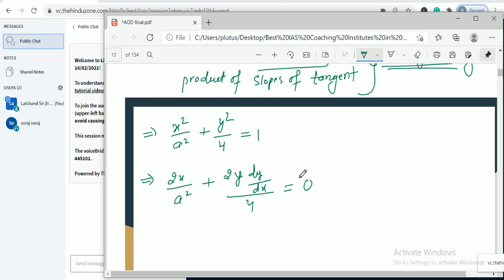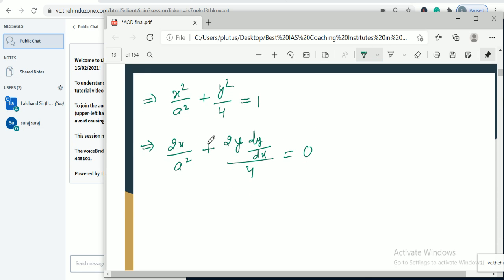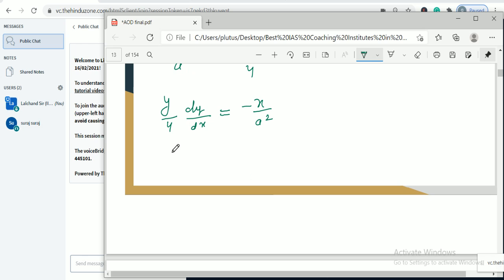Isn't it? So this 2 gets cancelled after taking common. So we finally have y by 4 dy by dx equal to minus of x by a square. So slope of tangent, that is dy by dx, equal to minus 4x by a square y, isn't it?